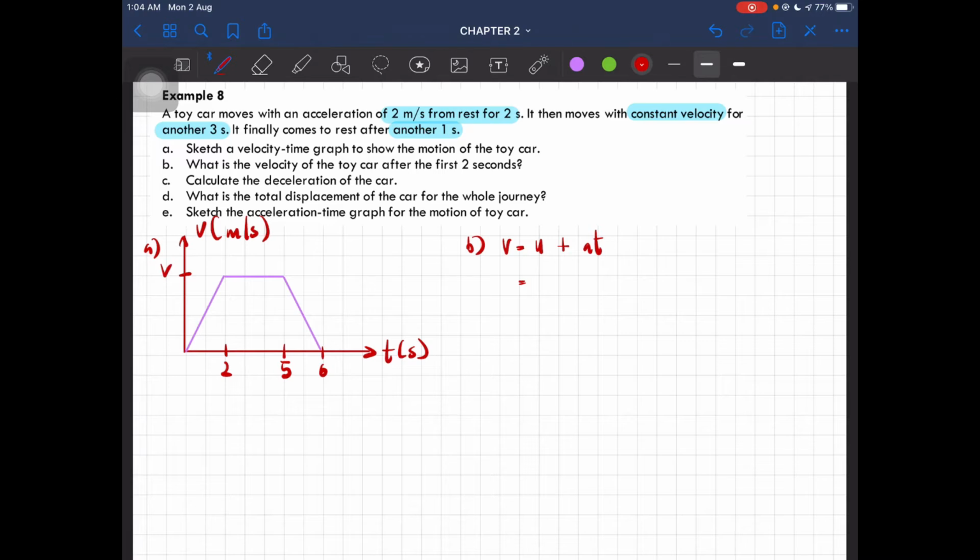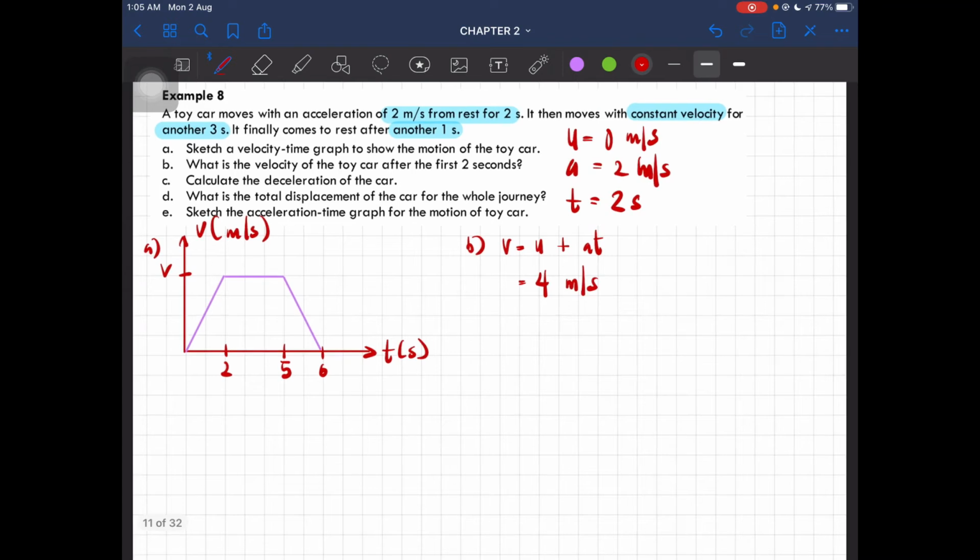It starts from rest, so u would be equal to 0 meters per second. Then they give us the acceleration, which is 2 meters per second squared. And the time we want to look for is the first 2 seconds, so the time would be 2 seconds. Substitute that, and you'll get the velocity to be 4 meters per second.